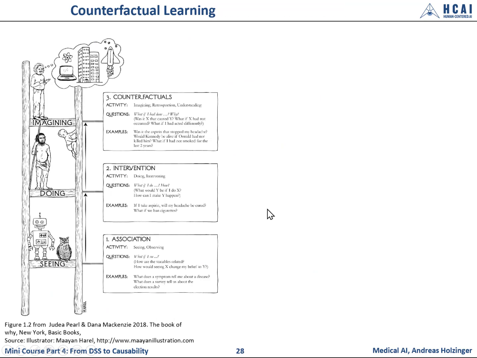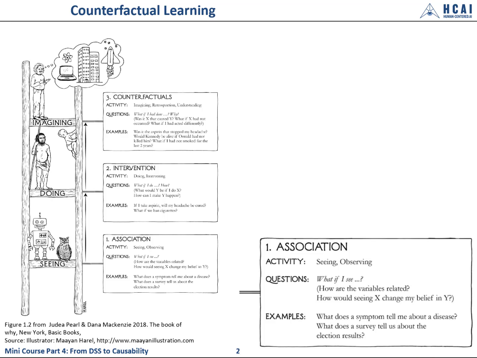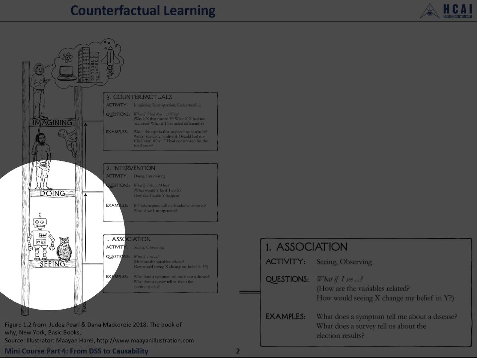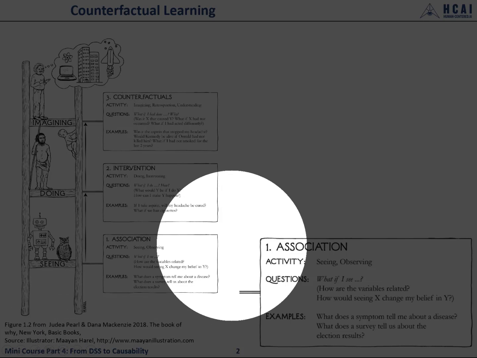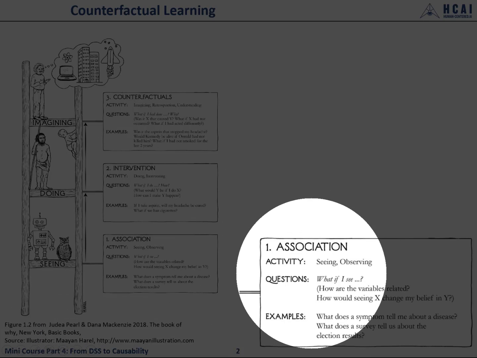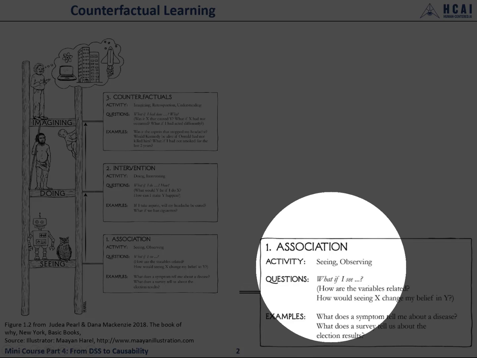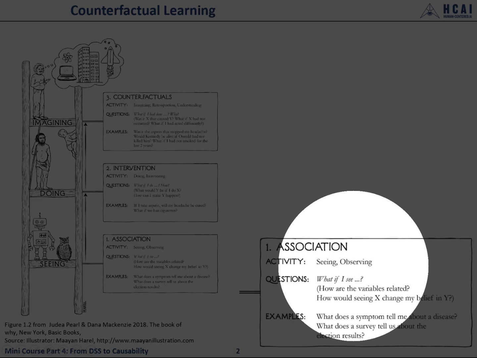Okay, a few words about counterfactual learning, because this is important for us in the machine learning domain and machine learning for health, so medical AI. So the first step in the ladder here, this is the ladder by Judea Pearl. And the first step is association. So the activity in which we are involved is seeing, or technically speaking, observing.